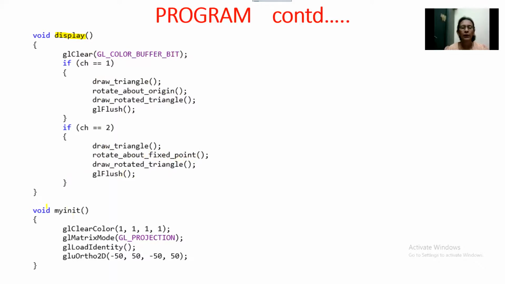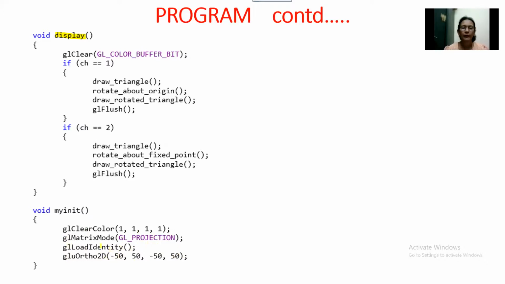Now what are the initializations? glClearColor is to clear the screen to white color. glMatrixMode is for viewing. We saw that if we rotate by 90 degrees, we are going out of the first quadrant. So in order to view the entire region, we are using gluOrtho2D(-50, 50, -50, 50). The negative coordinates are made use of for that.